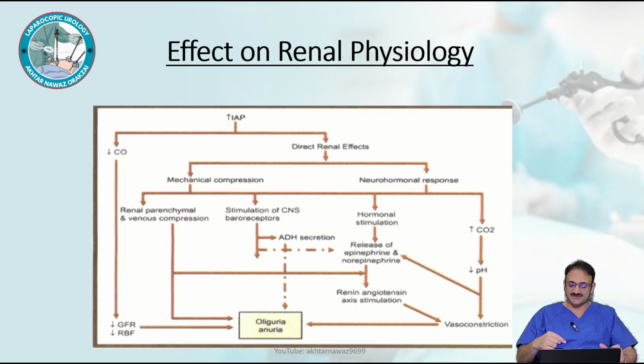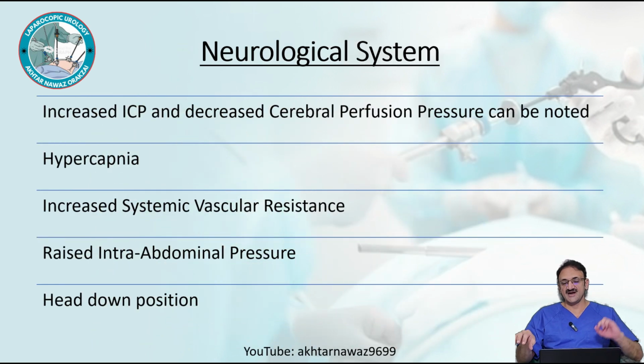And there is hormonal stimulation: there is an increased level of carbon dioxide in the blood, which leads to decreased pH of the blood, and all these things lead to release of epinephrine and norepinephrine, and thus the renin-angiotensin mechanism is stimulated, and it leads to vasoconstriction, and this vasoconstriction again leads to decreased plasma blood flow and decreased urinary output. So there is mechanical compression and hormonal effects, both.